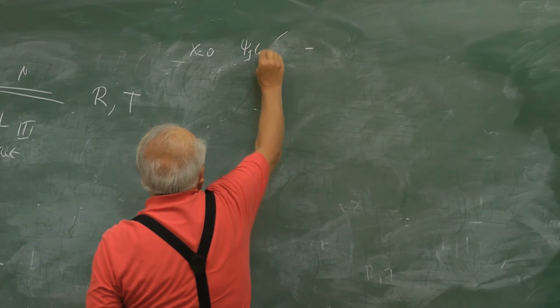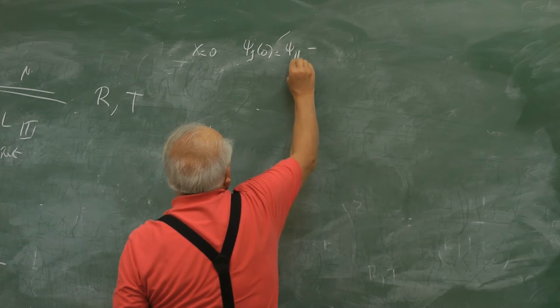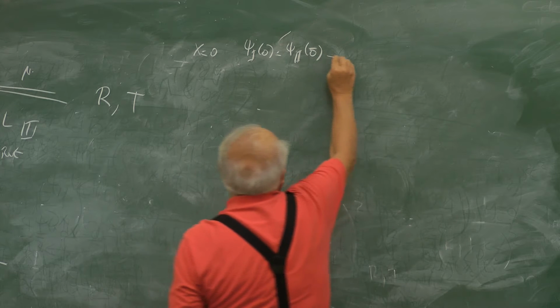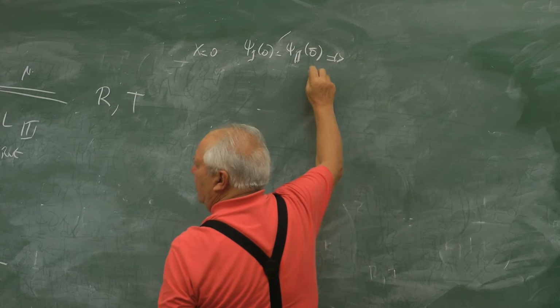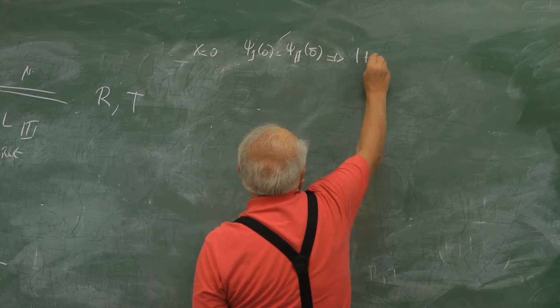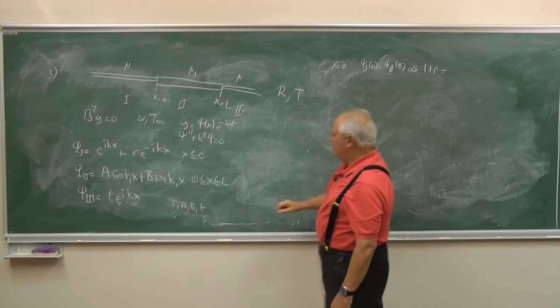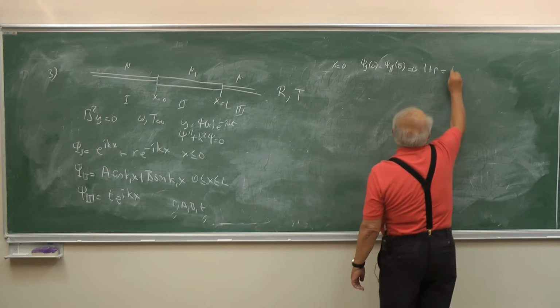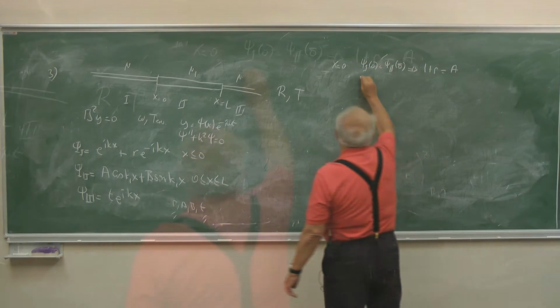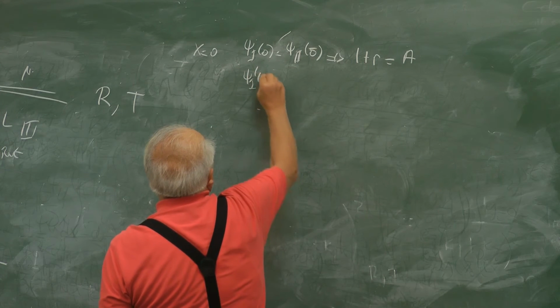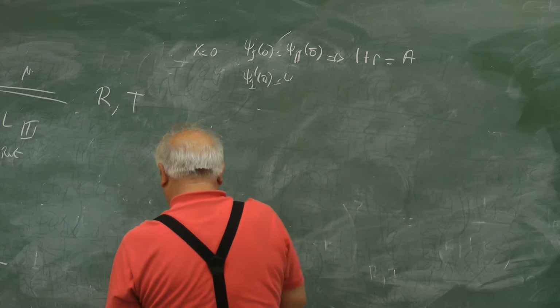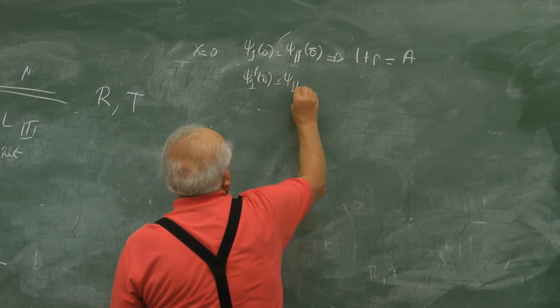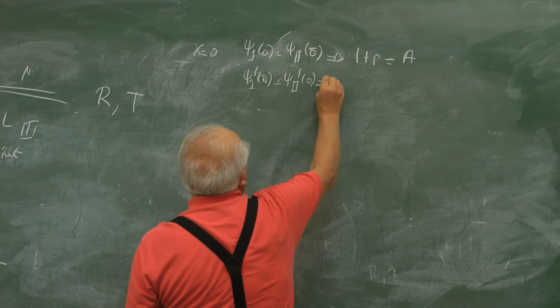Psi 1 of 0 is equal to psi 2 of 0. That is 1 plus r. If I put 0, sine is gone, I have a. The second one, psi 1 prime 0 is equal to psi 2 prime 0.